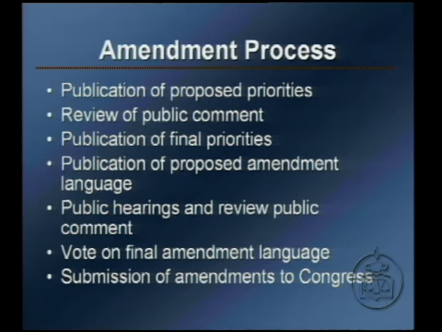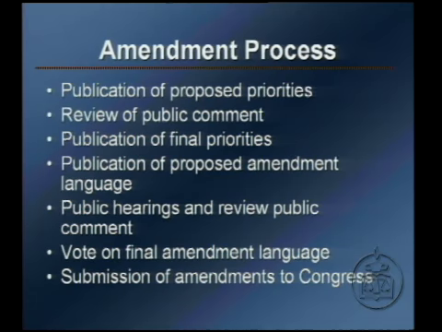Based on this list of priorities, and while also being mindful throughout this process of any congressional legislation that may be enacted, the Commission begins the amendment process of reviewing information and data related to these issues. As a result of this research and consideration, the Commission finally publishes the proposed amendment language in the Federal Register.